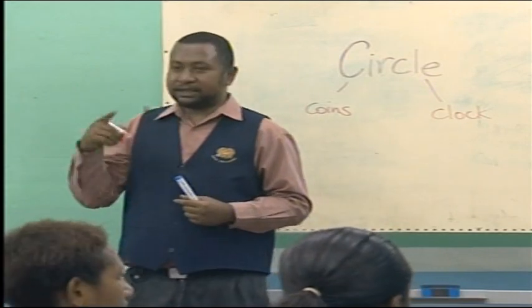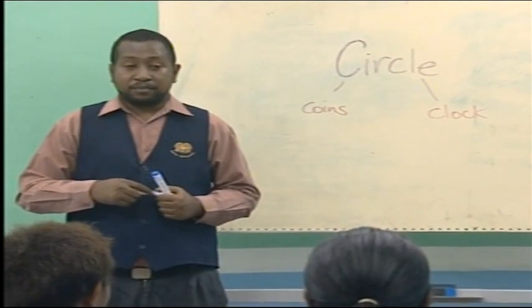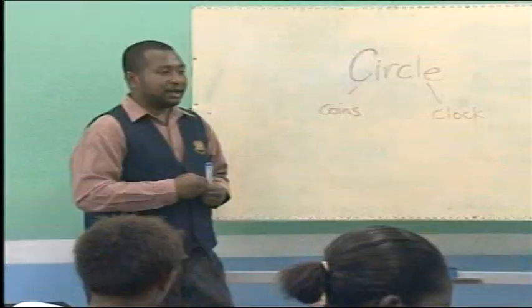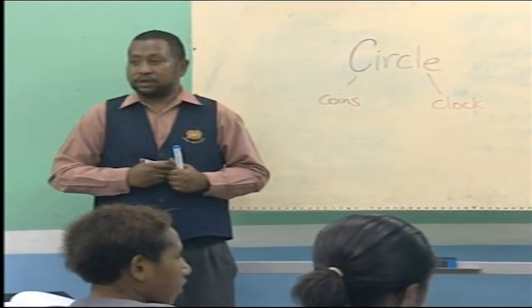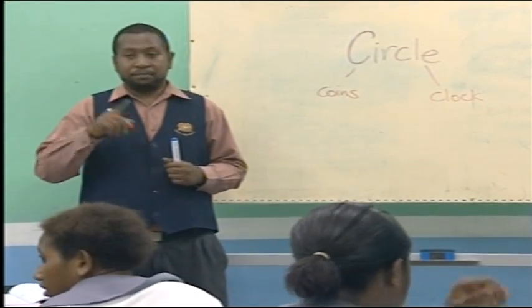They are round, yes. Evelyn. Container lid, yes. Joshua. Bicycle tire. The shape of the tire. Very good. 70s students, those are some of the examples of circles that you normally see. The shape of those objects form circles.